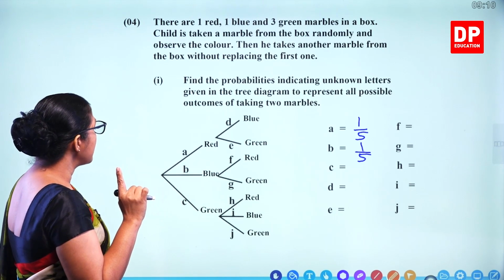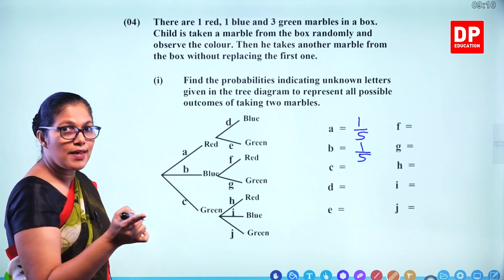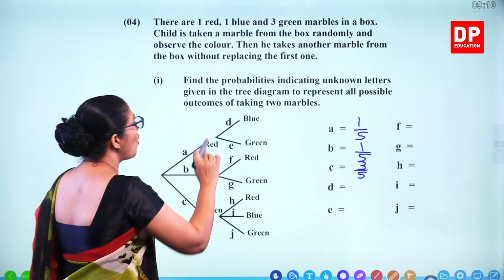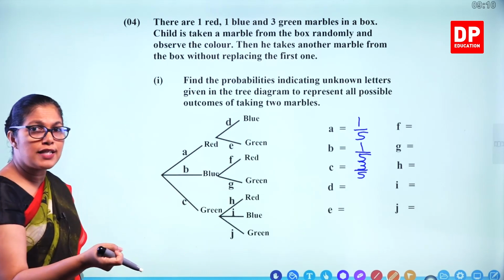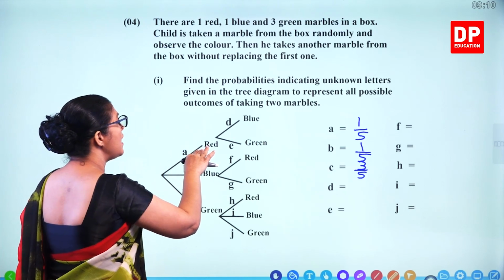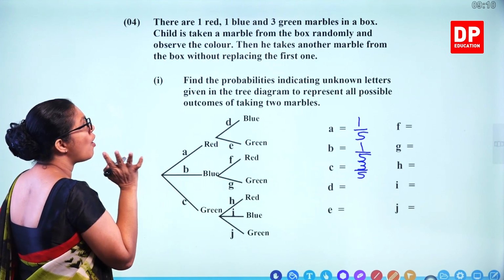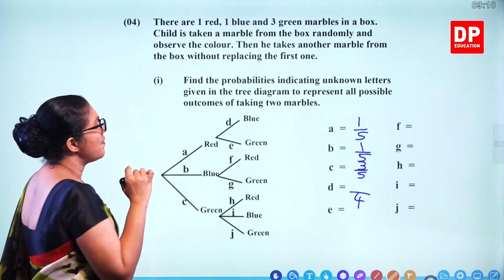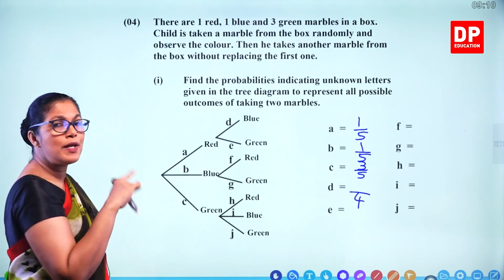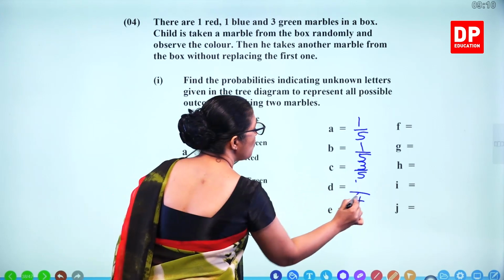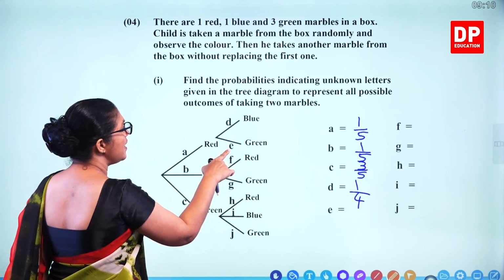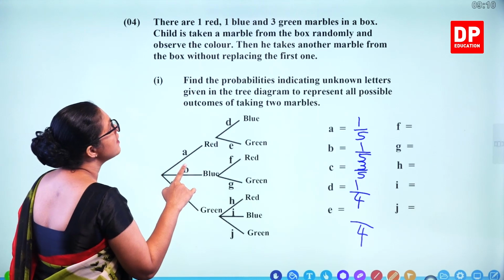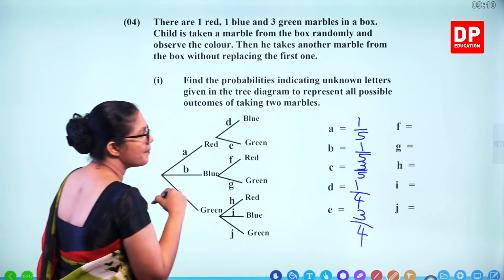C is taking a green one, 3 are there, 3 out of 5. Now D is the second time you are taking. So already taken red one, now already 4 marbles are there. Out of 4, how many blue ones? You get 1. E means already red one taken, so 4 is there. How many green ones? 3.